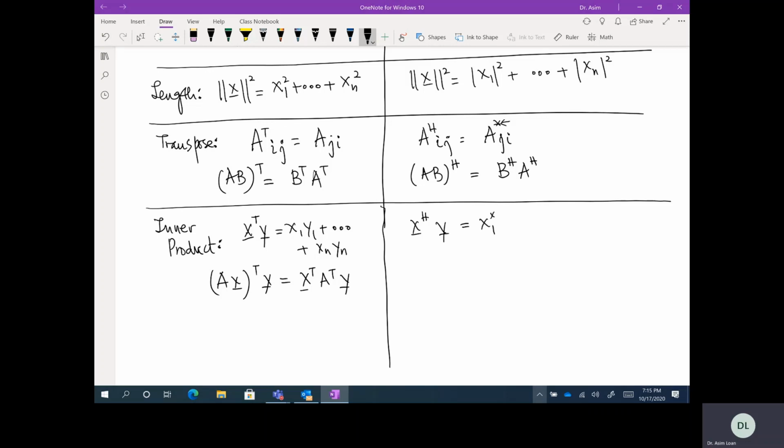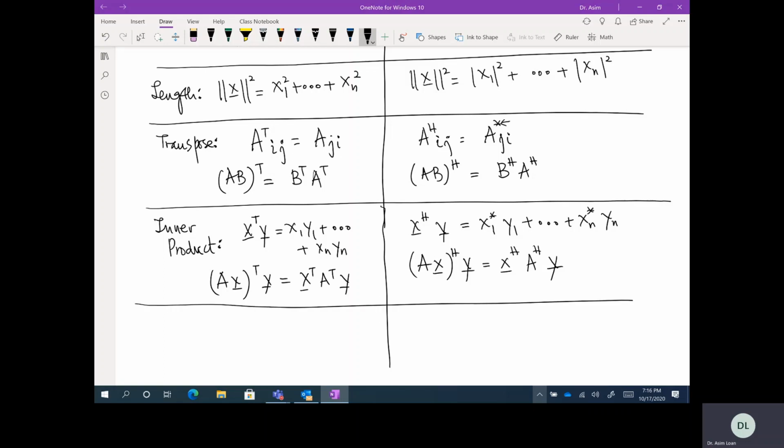This is x1 conjugate y1 plus up to xn conjugate yn, and (Ax) Hermitian y is simply x Hermitian A Hermitian y.